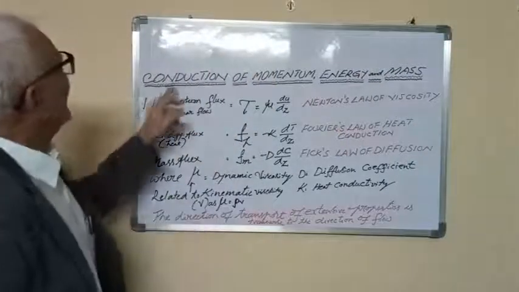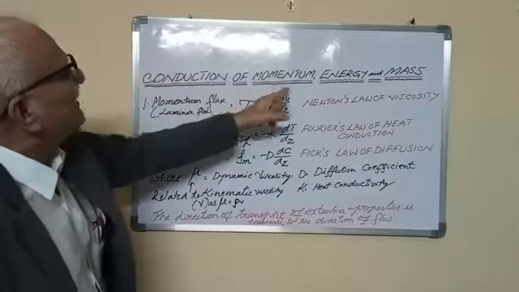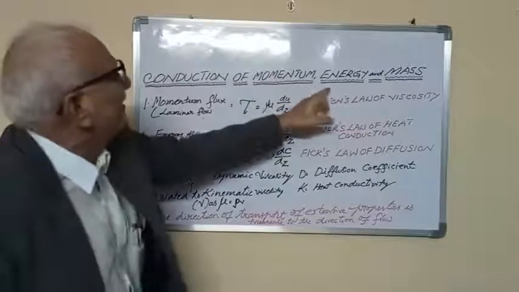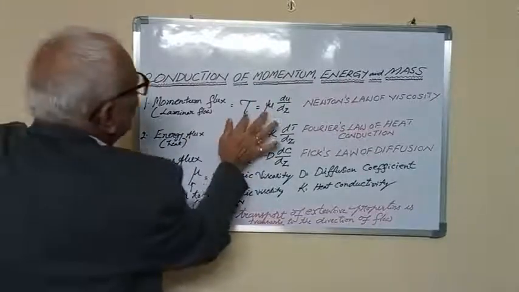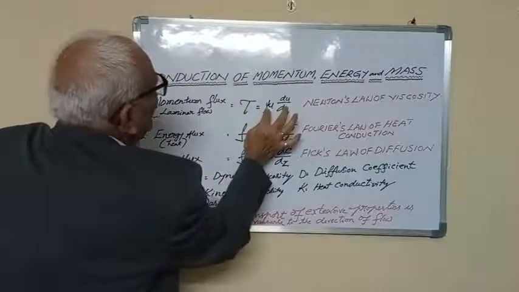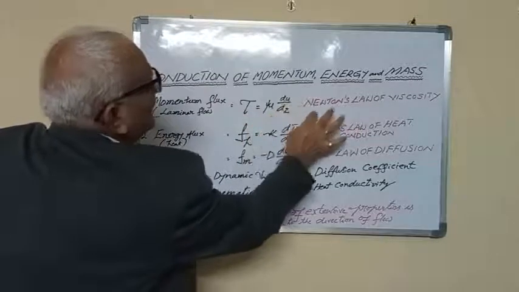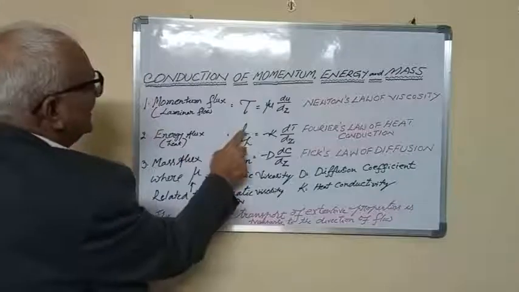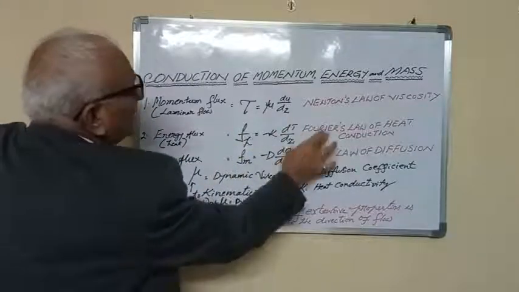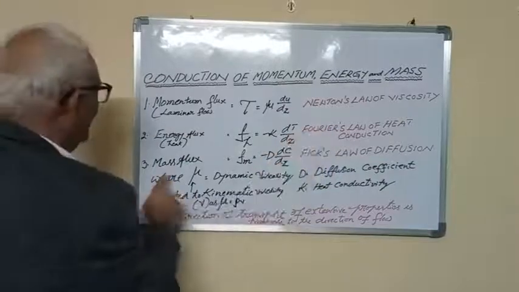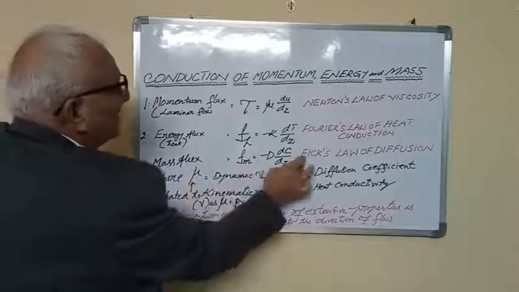Conduction of momentum, energy, that is heat, and mass. So momentum flux, shearing stress, is mu du by dz, Newton's law. Energy flux, F_H, is minus k dT by dz, Fourier's law of conduction. Mass flux, F_m, Fick's law.